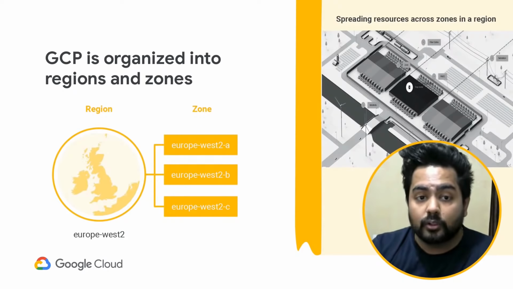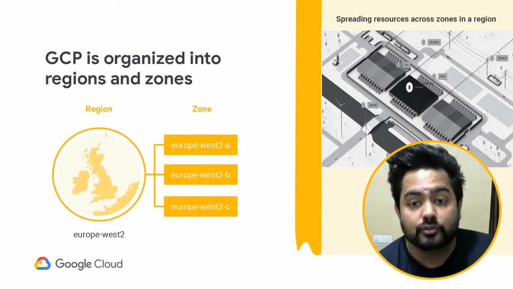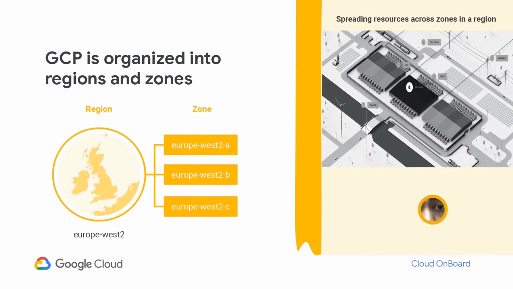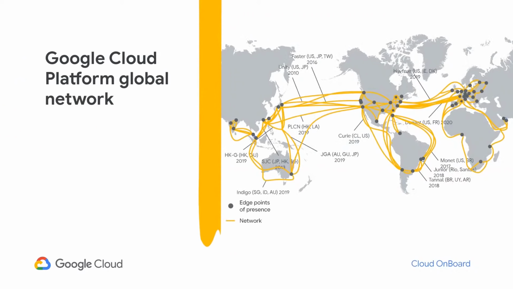That is one of the ways to put your resources into different zones in a region. Now that we have these regions, obviously Google has regions across the world. How are they connected? It's very important to understand. We know that Google Cloud Platform has services which are globally distributed across North America, South America, Europe, Asia, Australia, and all these locations.